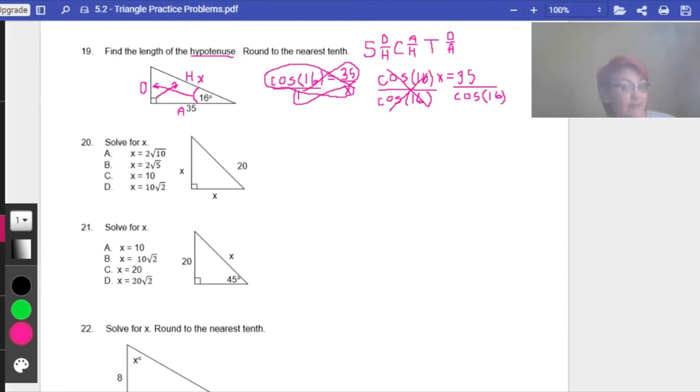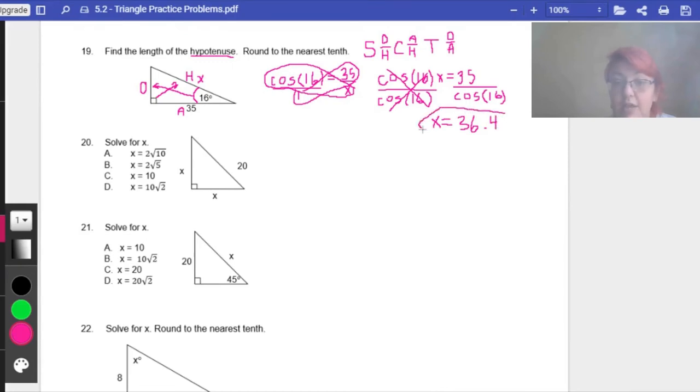I think that's how you have to do that on an iPhone, but I don't have one, so you can always check. All right, I want to round to the nearest tenth. That's 1 decimal place, and I find that x is equal to 36.4.